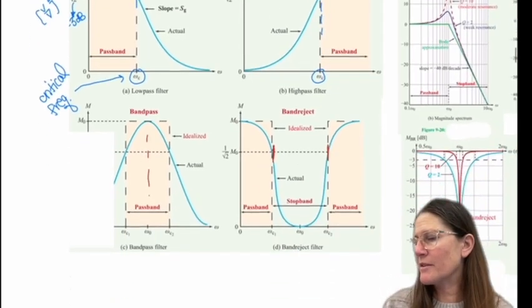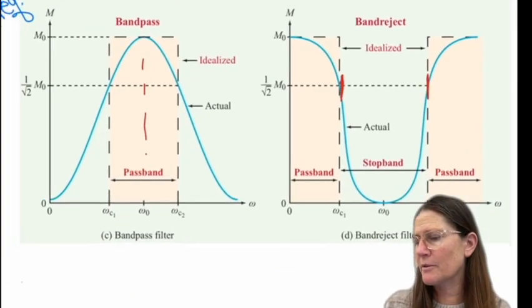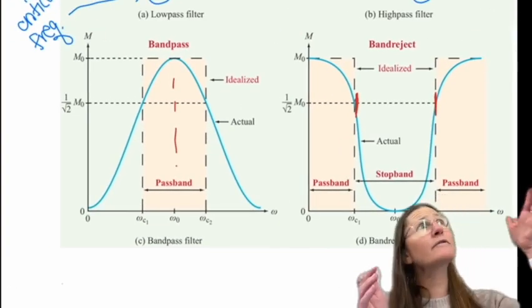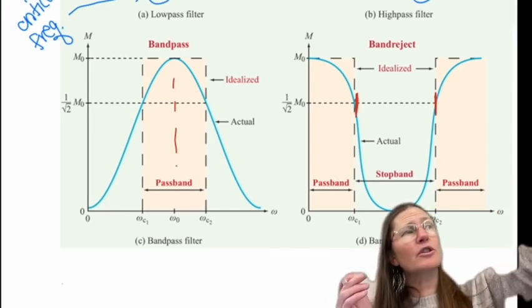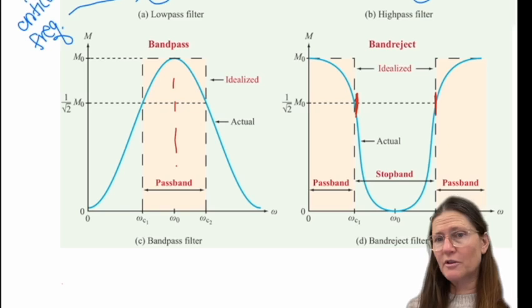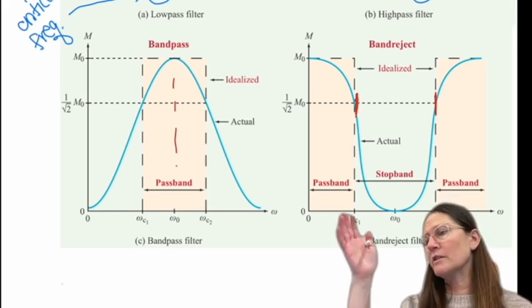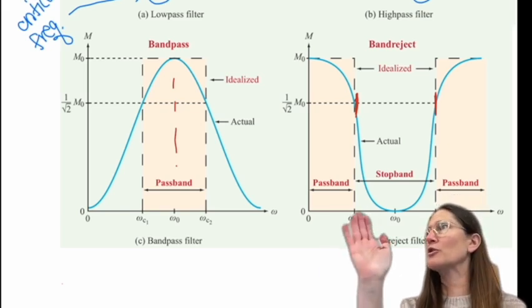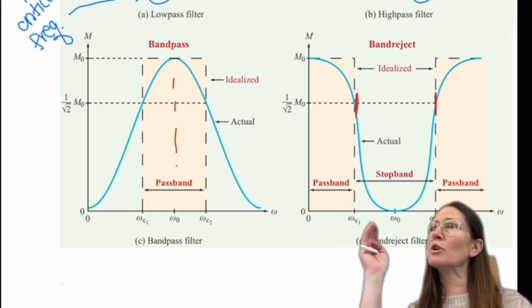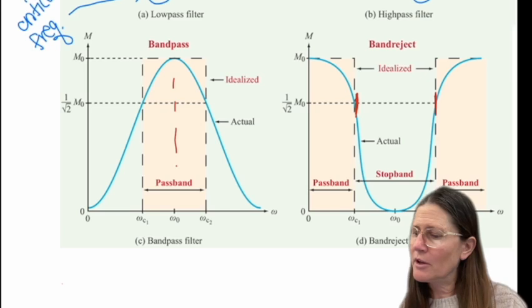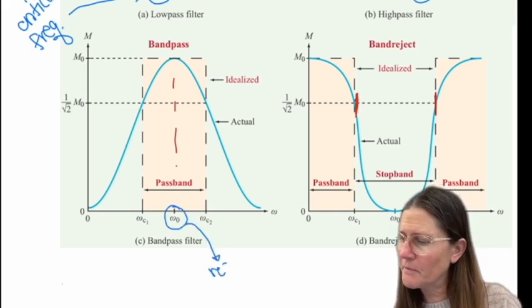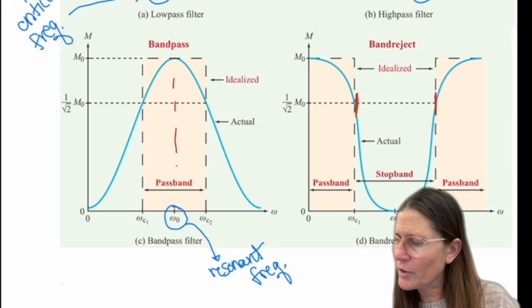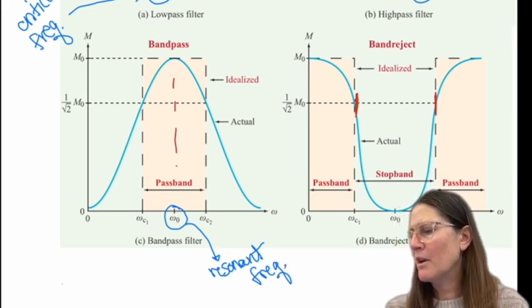For the band pass and band reject, it's slightly different because you have two changes. You have three points of change. So the first one is your first point. The middle is going to be the location where you're trying to either get it to pass to or it rejects it at that point. So this is called your resonant frequency. So it's that middle frequency.